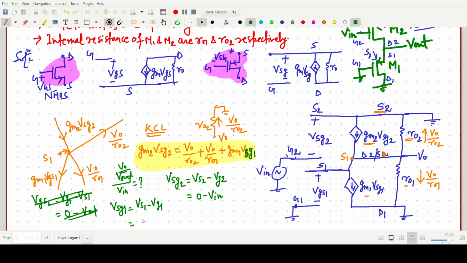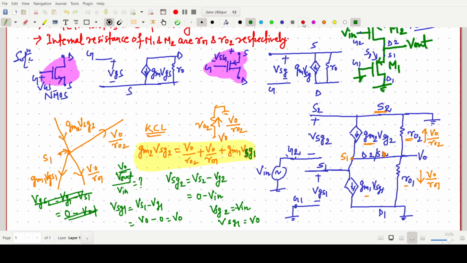VS1 is simply V out, so we can write V naught minus VG1. VG1 is 0 volt, so it should be V naught. So we can simply say VSG2 is minus V in and VSG1 equals V naught.